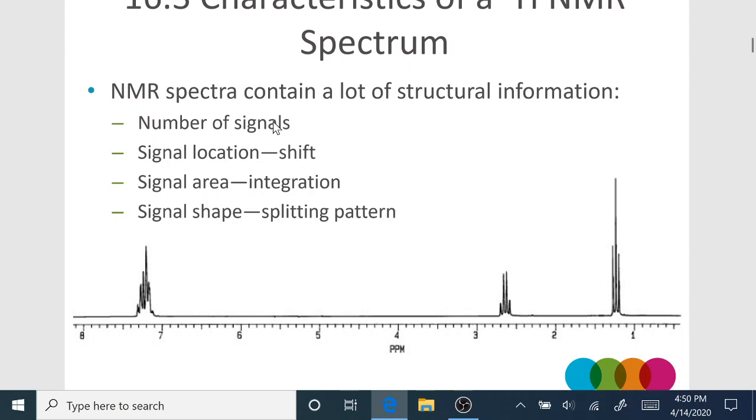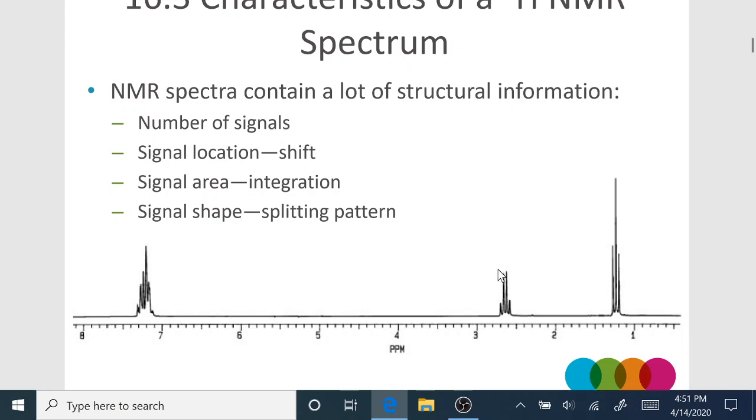So here are the pieces of information that we get from a spectrum. It's a little more complicated or a little more challenging to interpret an NMR than it is, say, an IR. And so, because we have so many different pieces of information, the first thing we have is the number of signals, and that tells us how many different types of hydrogens we have in the molecule.